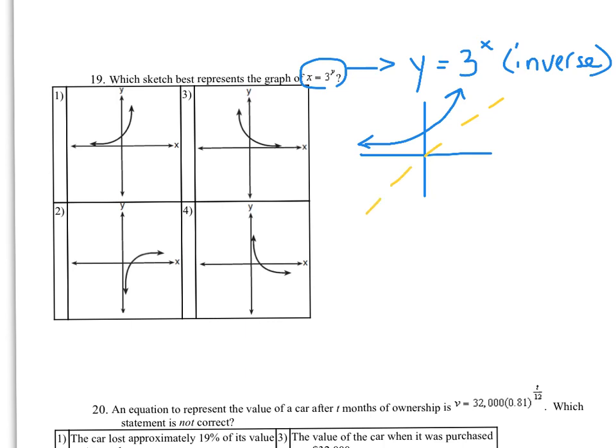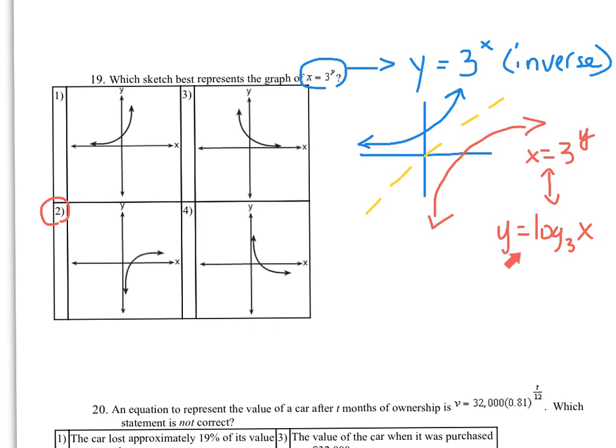Okay, so let me just pick a different color here. So then my graph is going to look like that. So here is your x equals 3 to the y. And then you can see that that's answer choice 2. Now, just so you know, this is also equivalent to y equals log base 3 of x, because the inverse of an exponential, this being the exponential, is a log.